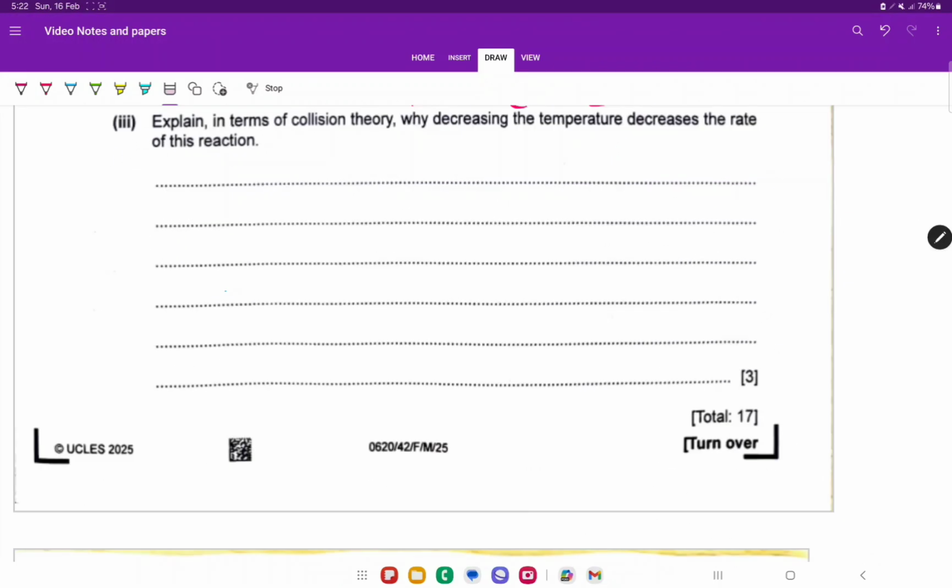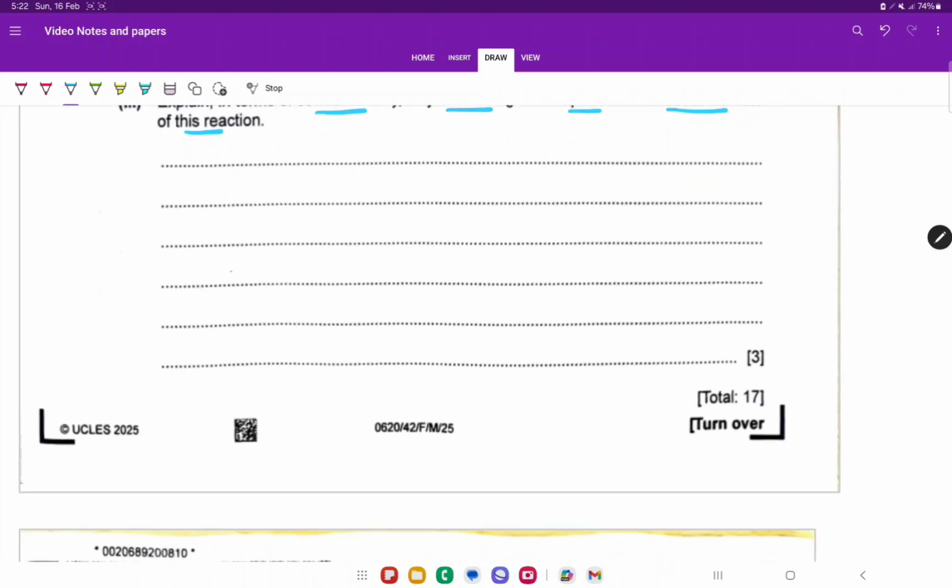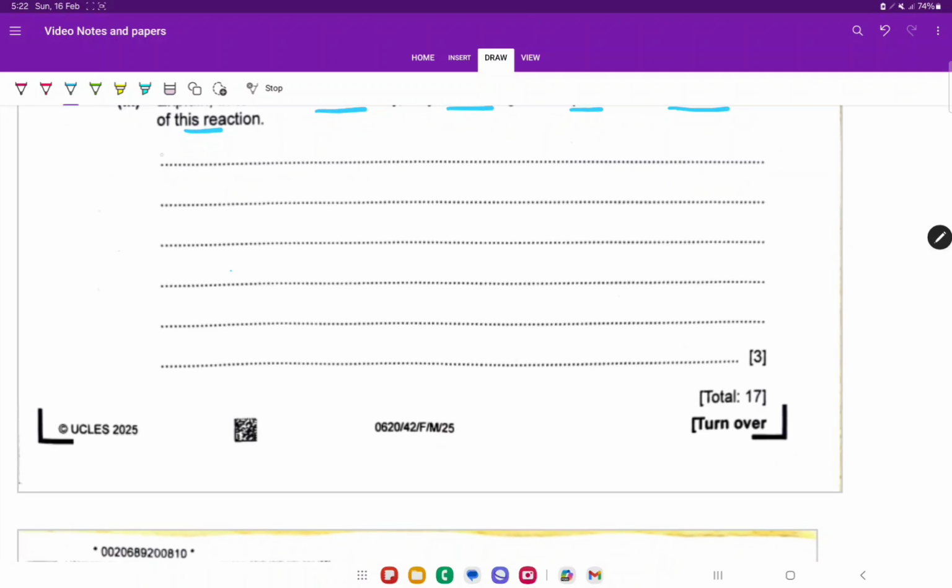Explain in terms of collision theory why decreasing the temperature decreases the rate of this reaction. Now, for a general reaction, if temperature of a reaction is decreased, then what will happen? The decrease in temperature will result in decrease in kinetic energy. The kinetic energy of reactants will decrease.